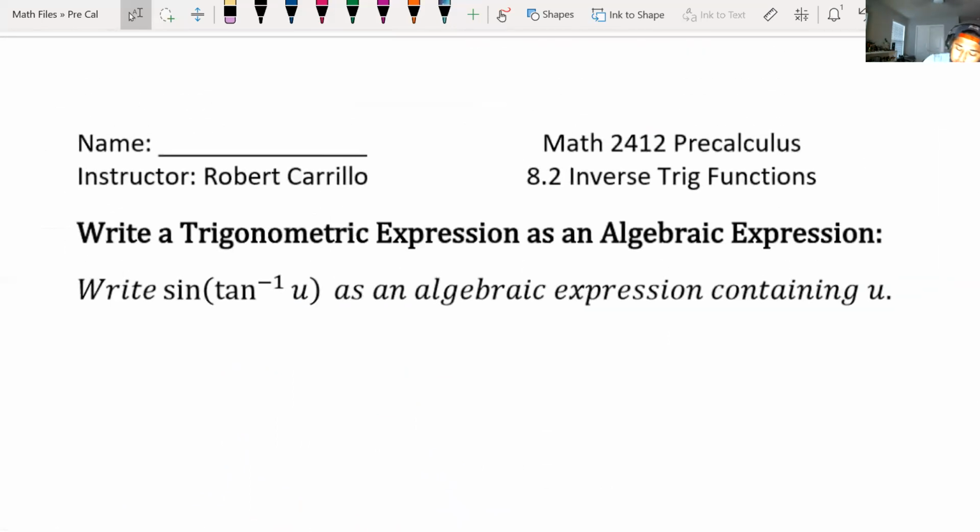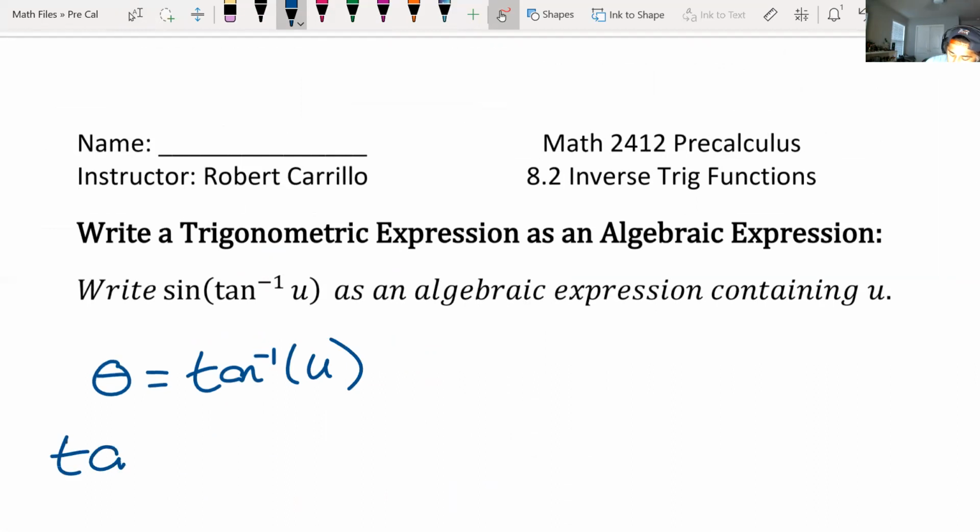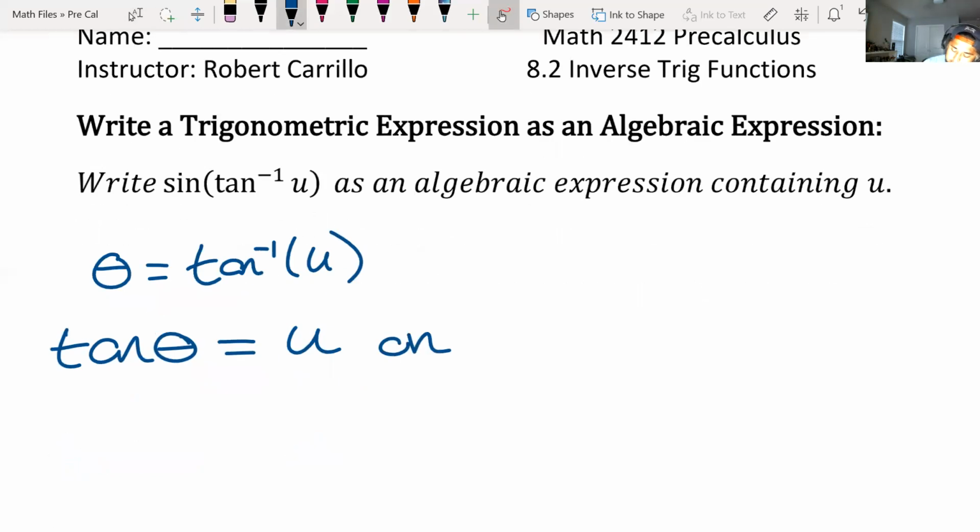So we'll start off. We'll say let theta equal the inverse tangent of u. Then apply tangent to both sides, and you get tangent theta equals u on what interval? Where does the inverse tangent exist? Negative pi over 2 to pi over 2, where x cannot equal pi over 2 or negative pi over 2.